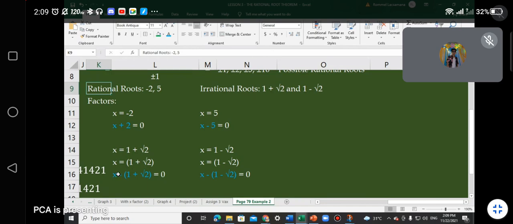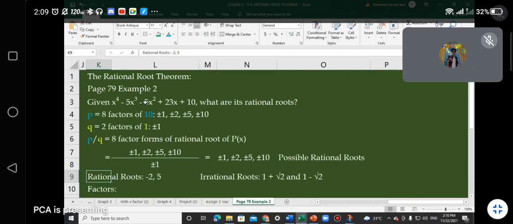So x, and then transpose this irrational root and it becomes a negative, and this is your factor. And then this one is your factor. x equals, and close it first with the parenthesis. Understood? That is why if I ask you, is this factor part of that polynomial, yes or no?